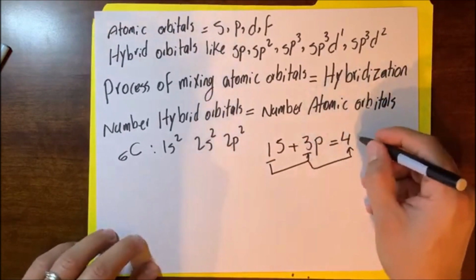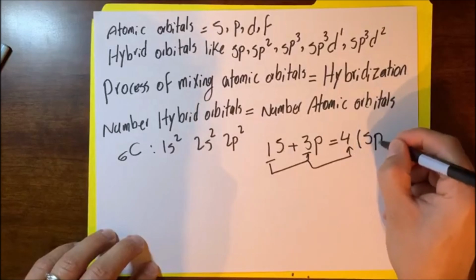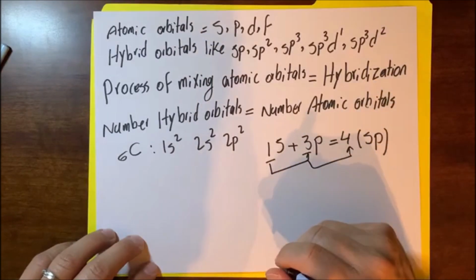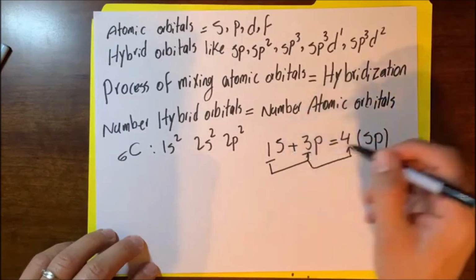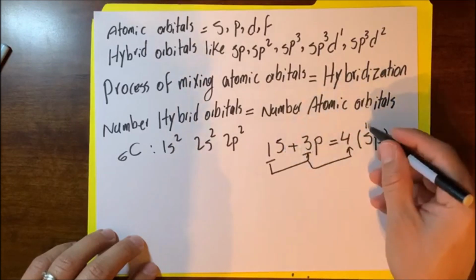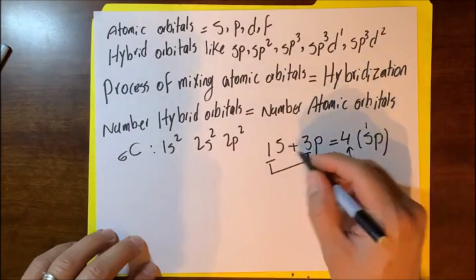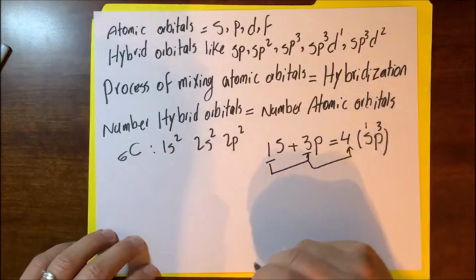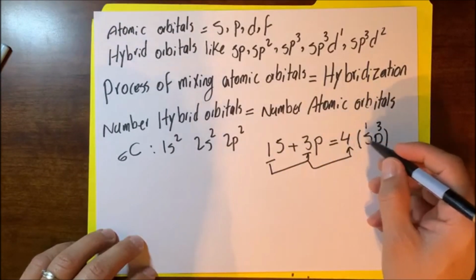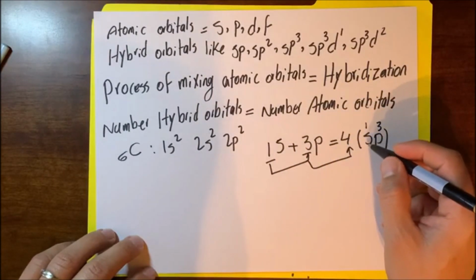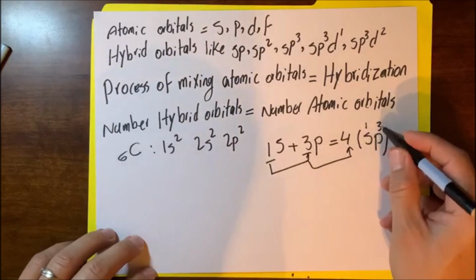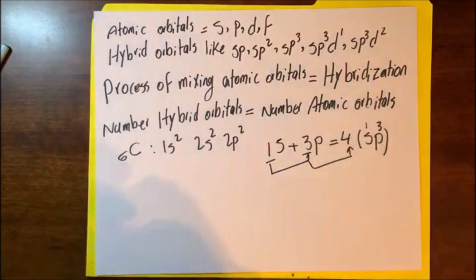Now you have S and P. Write the contribution for each orbital. From S, we have only 1. You don't need to write the 1, but it's fine if you write it. And from p we have 3. So we got 4 hybrid orbitals, and the hybridization in this case is sp3.